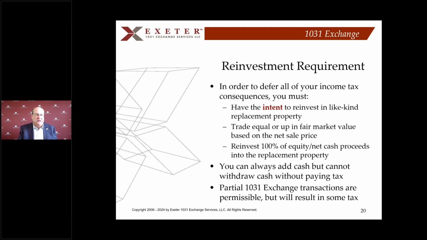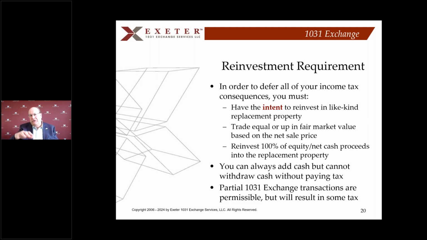So on a $1 million sale price, when you subtract those, your net sale price after those routine selling expenses, it's going to be about $950. That's the magic number. That's what you have to reinvest in order to defer all of your taxes. So it's not the gain, it's not the net proceeds, it's the top level. You've got a net sale price of about $950. That's what you need to reinvest to defer all of your taxes.